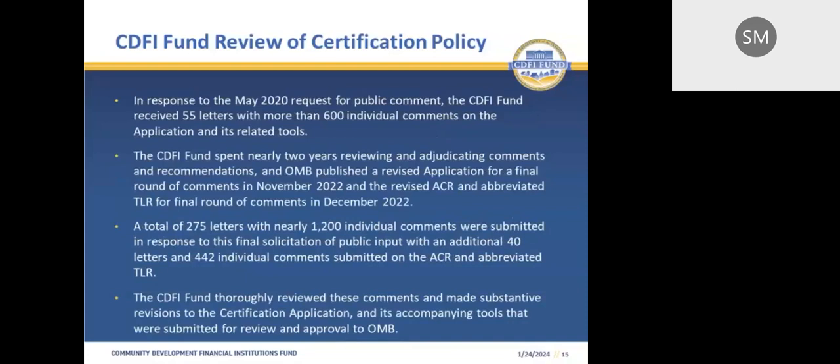Stakeholders responded to that publication with 55 comment letters, which we then spent nearly 2 years reviewing and adjudicating before making additional revisions to the application and sending those over to OMB for publication, and one more round of comments in November of 2022. OMB then published the revised ACR and abbreviated TLR for a final round of comments in December of 2022.